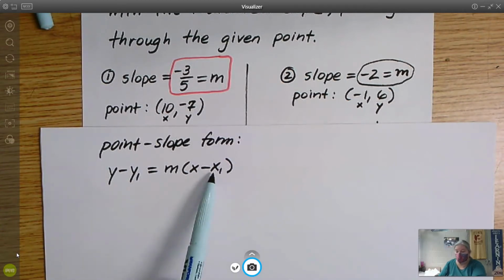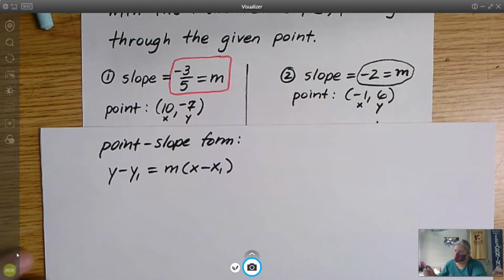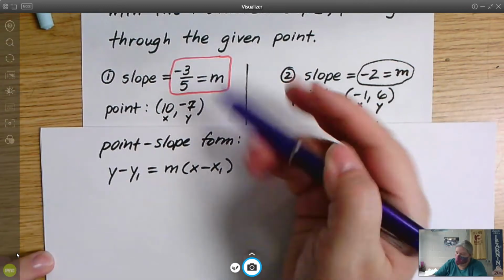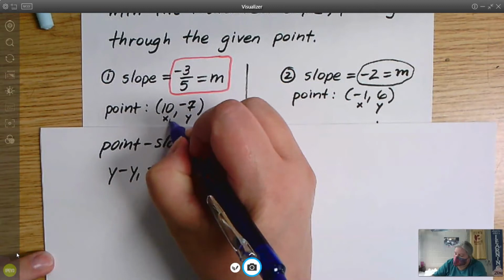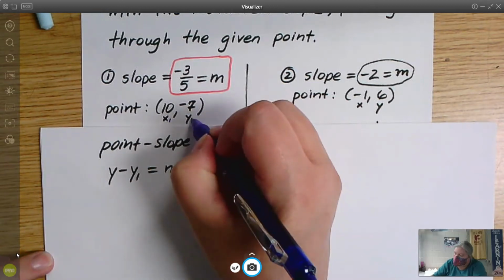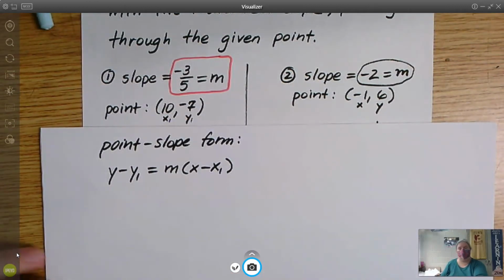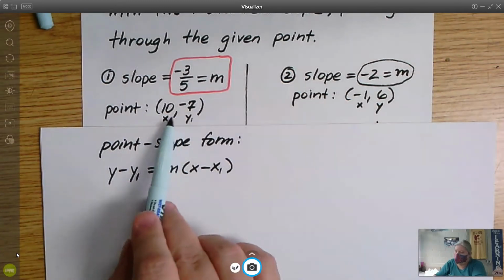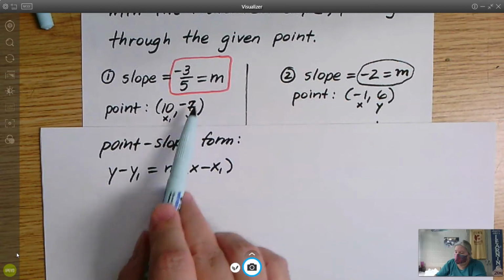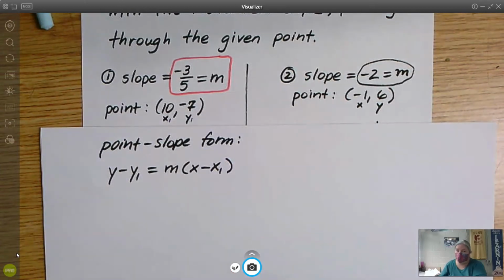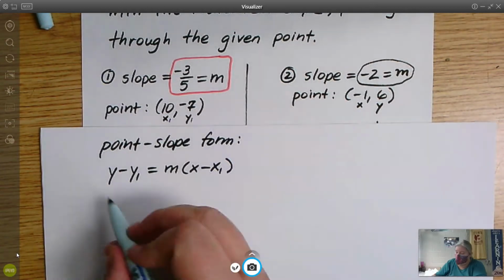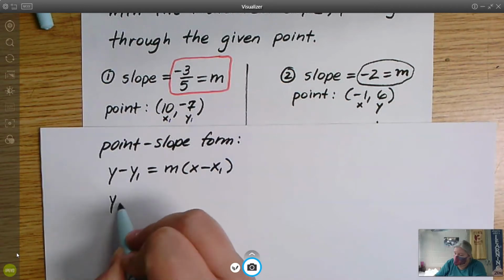So that's like point 1. Okay? In other words, the point that I have, the x value is x sub 1, and the y value is y sub 1. That's my point number 1, basically. So I'm going to fill in x sub 1 and y sub 1, and m, and then I've got an equation. And if you're asked for your equation to be in point-slope form, then you're done.